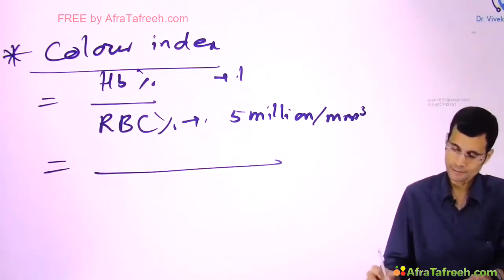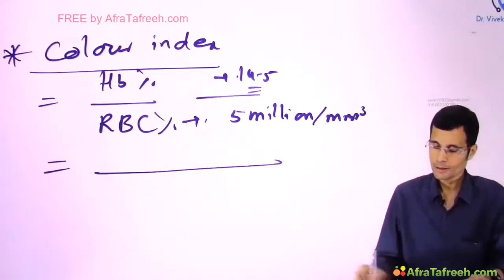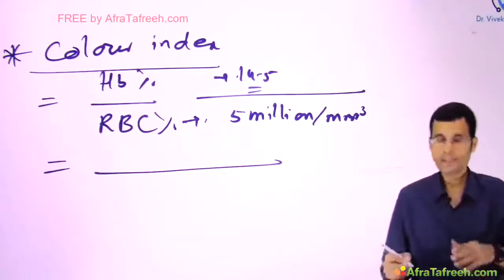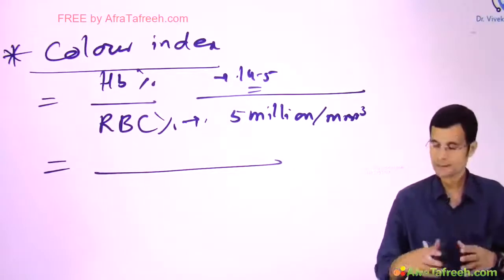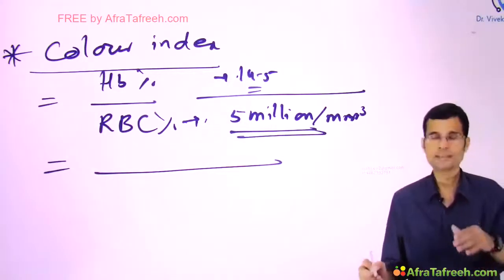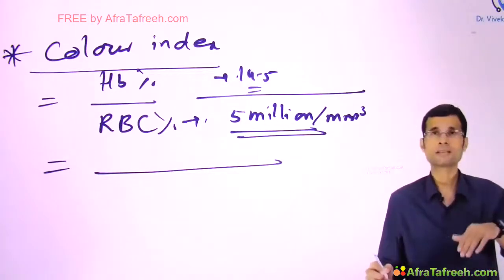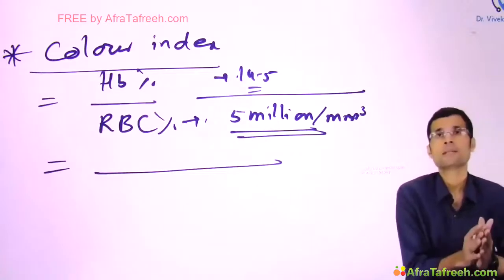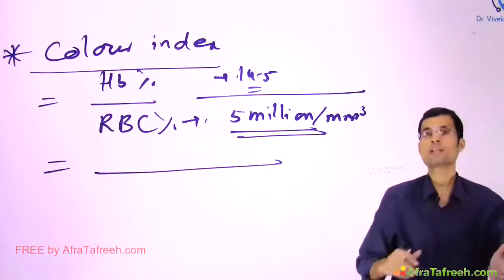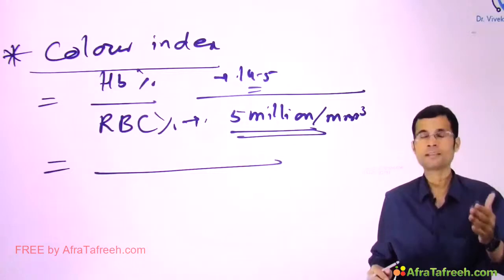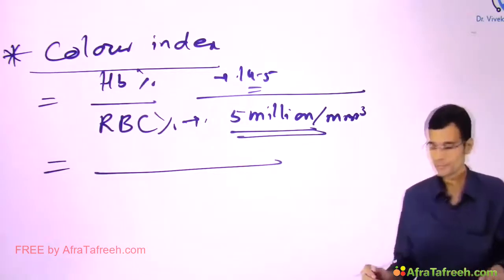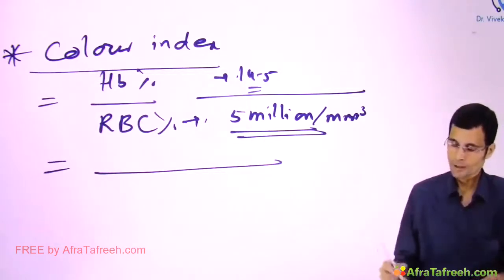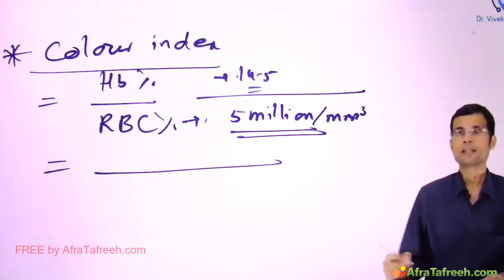These are the standards. Then the patient's hemoglobin is checked against that, and you take the hemoglobin percent and RBC percent. For example, if the person's RBC count is 4 million per cubic millimeter, that means the RBC is 80%. In this manner you take hemoglobin percent and RBC percent and derive the color index.